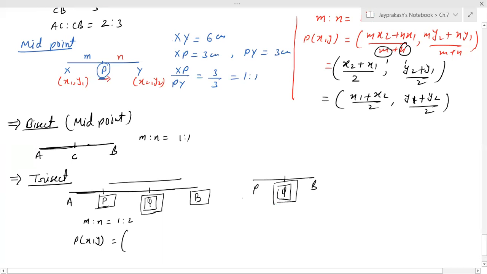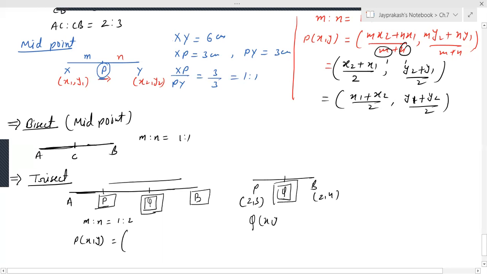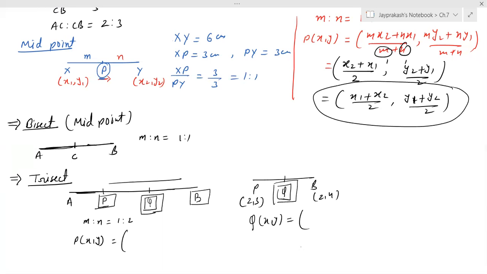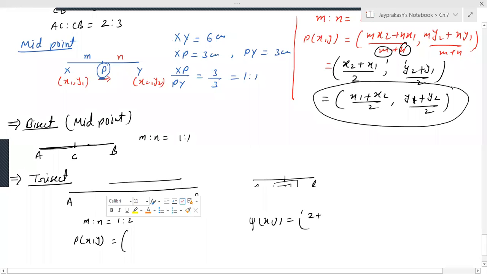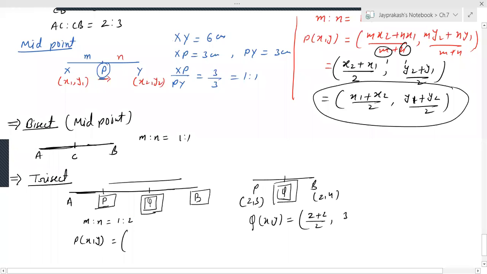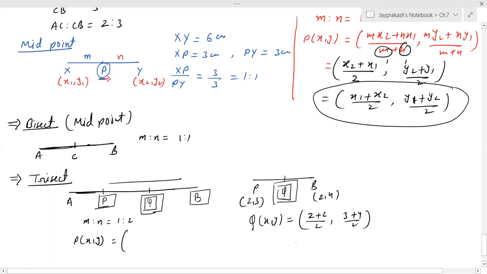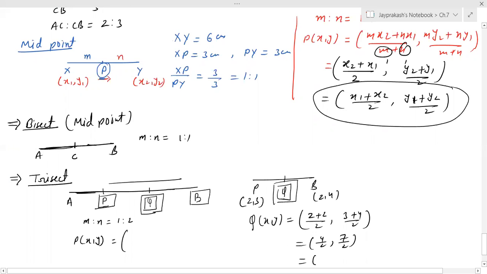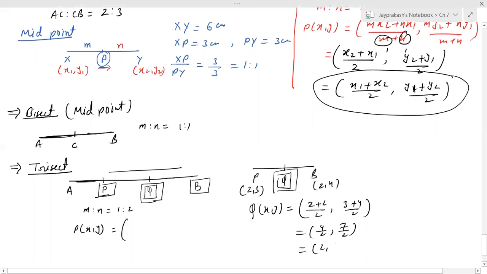So suppose the first time I found the coordinate of P as 2, 3 and B is whatever was given, 3, 4 or 2, 4. So to find the coordinate of Q x, y we will use the direct midpoint formula. So x1, you can consider either B or A, whichever you consider. 2 plus 2 by 2, 3 plus 4 by 2. So finally 4 by 2, 7 by 2. 2, 3.5, or you can also write 7 by 2.